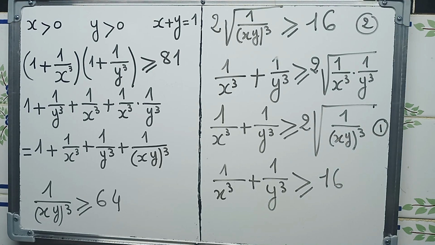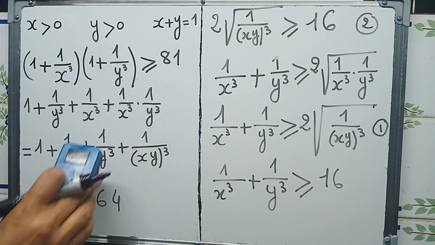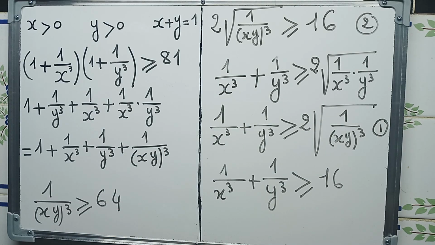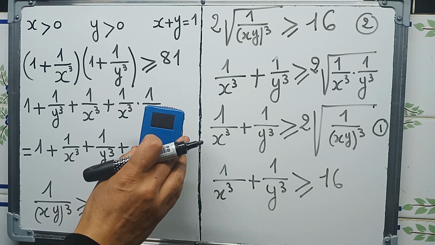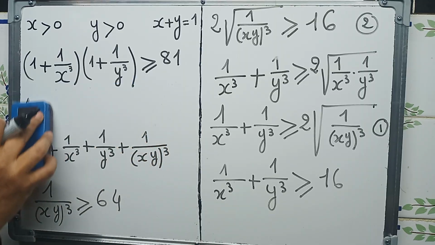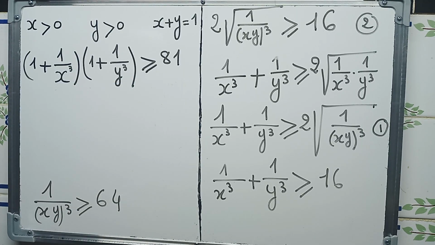And now the final step is just to get this sum, which is this product. I will just sum the inequalities term by term.